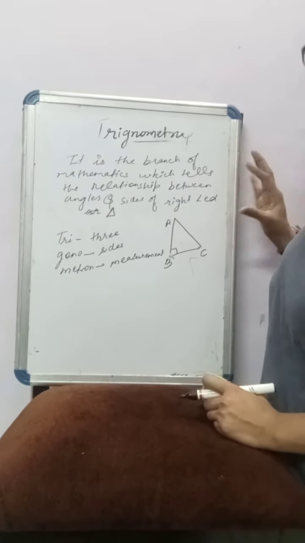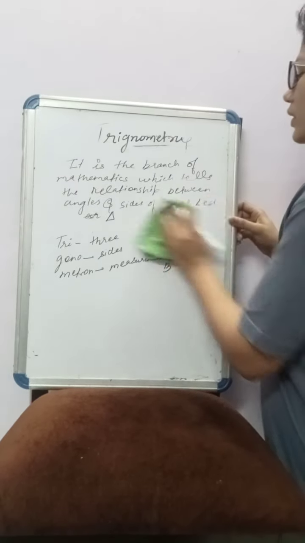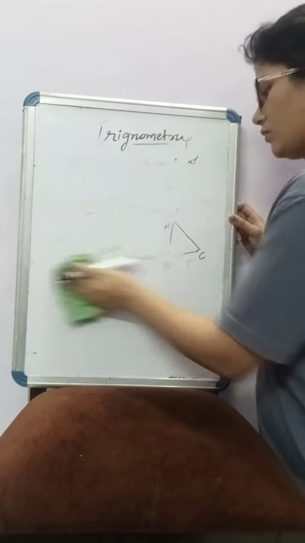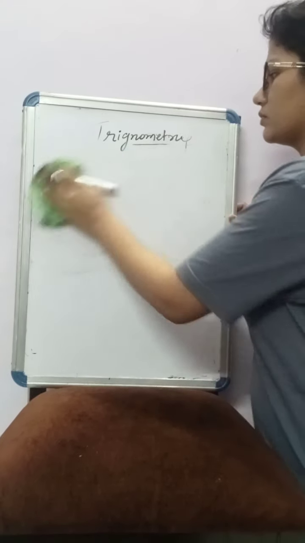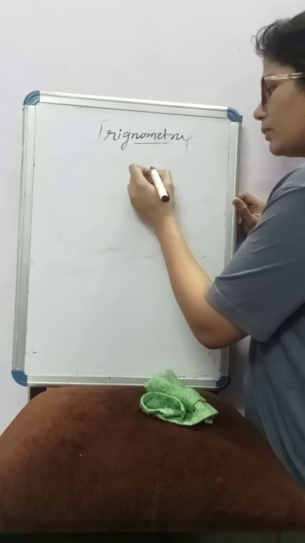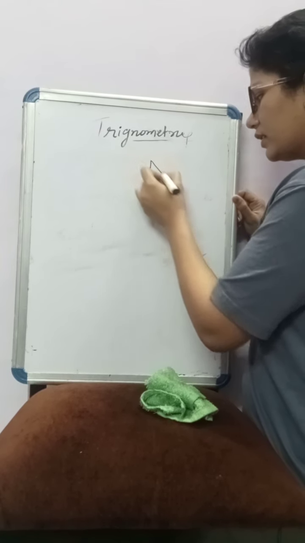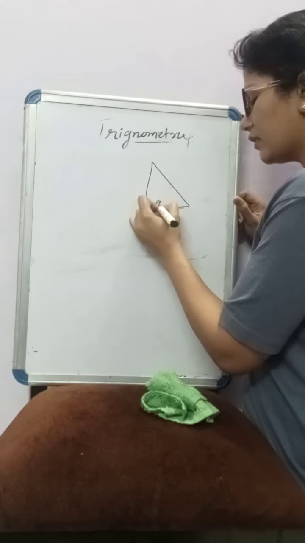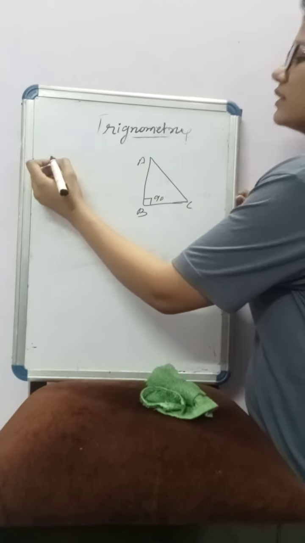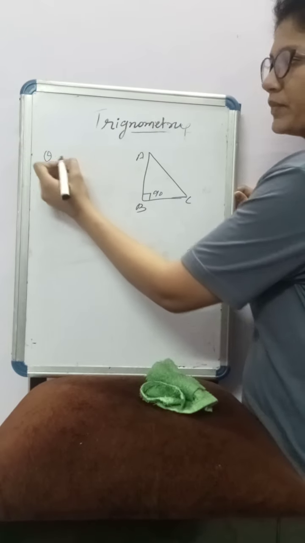Now, just look at the ratios of trigonometry. If ABC is a triangle, 90° at B, right angled at B. Let's talk about theta.